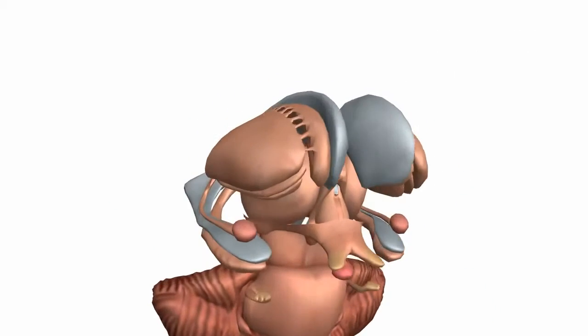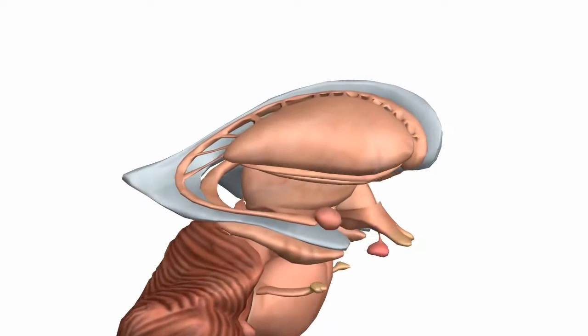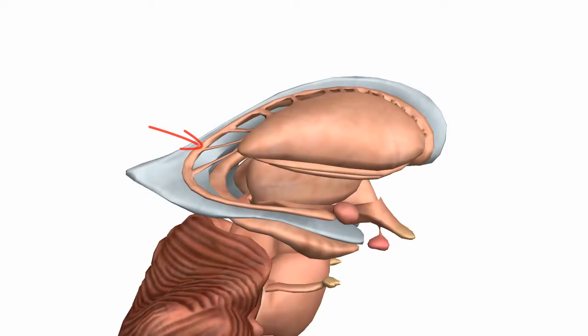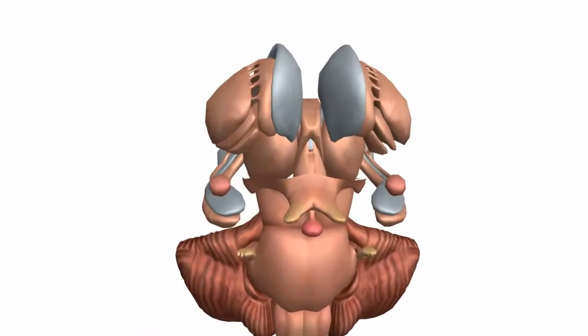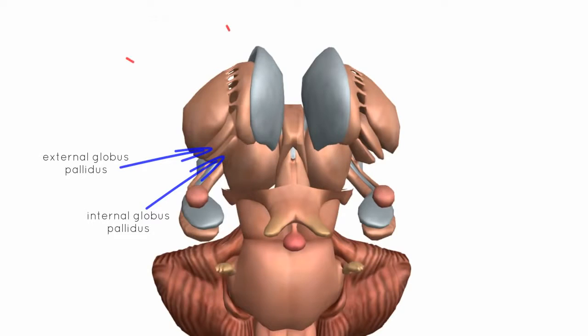If I rotate around to the other side, you can see the C-shaped caudate nucleus, with its head, the body, and the tail. You can see the putamen sitting laterally, and the globus pallidus with its lateral and medial parts sitting medially.